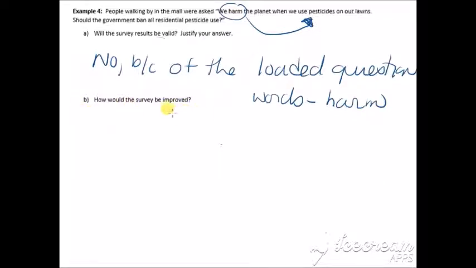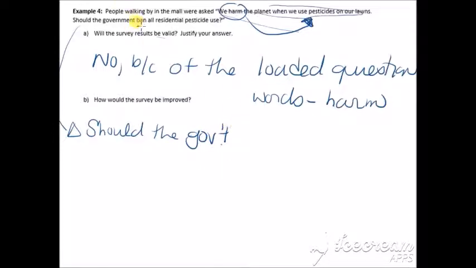Okay, so how can this be improved? We can leave out the first part completely, and we can just say, should the government allow or ban residential pesticide use. Instead of just ban, allow or ban is neutral.